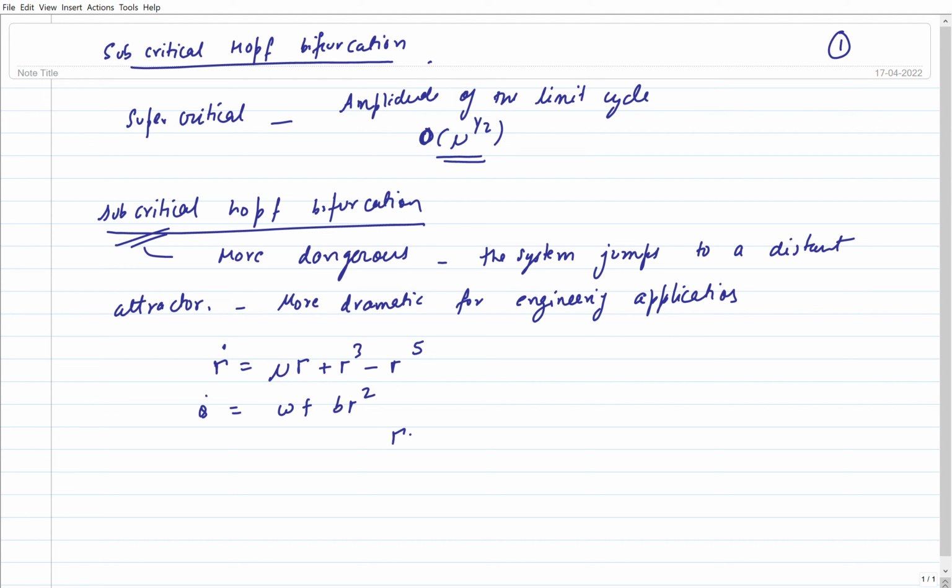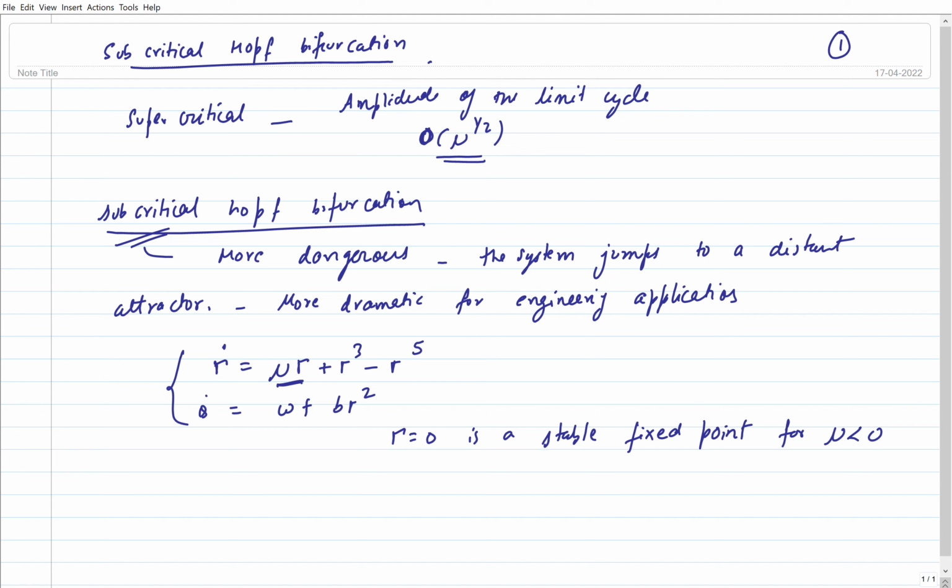Now r equals 0 is a stable fixed point for mu less than 0. When I linearize the system, only the linear term remains, and for mu less than 0, that's stable.